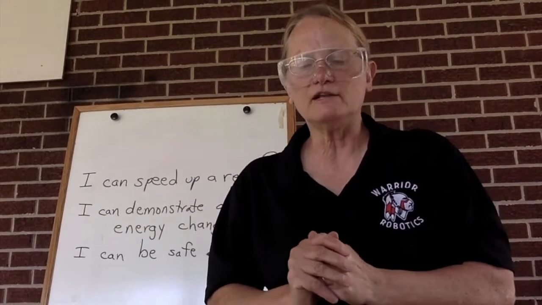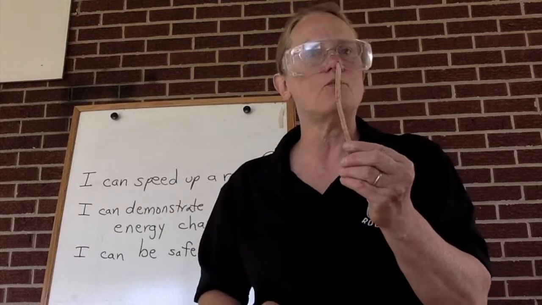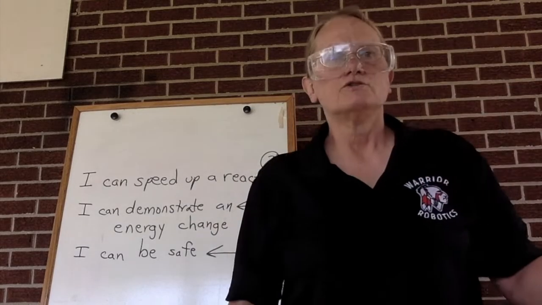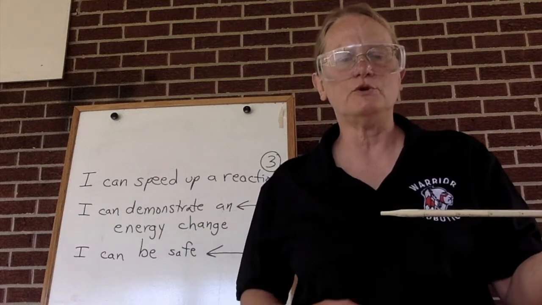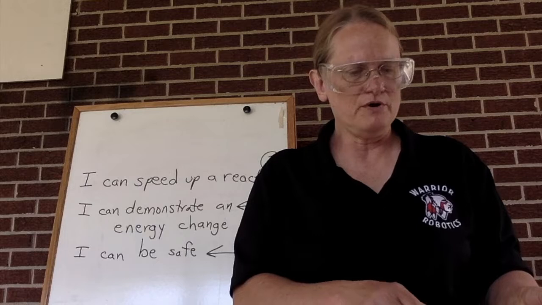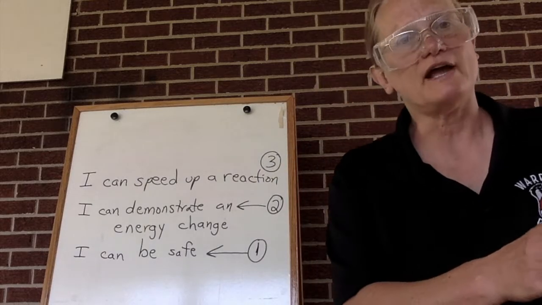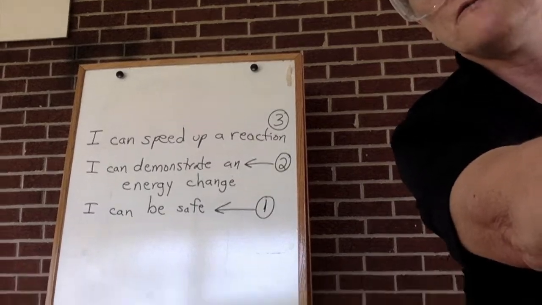What if we were to take that a little bit further? What if we were to take this and crush it up into a powder? I wonder what that would do. So I've crushed up a piece of wood into a powder, and I've put the powder into this pipette, and now we're going to blow it across the candle, and we're going to see if we can make this reaction occur faster by increasing the surface area.